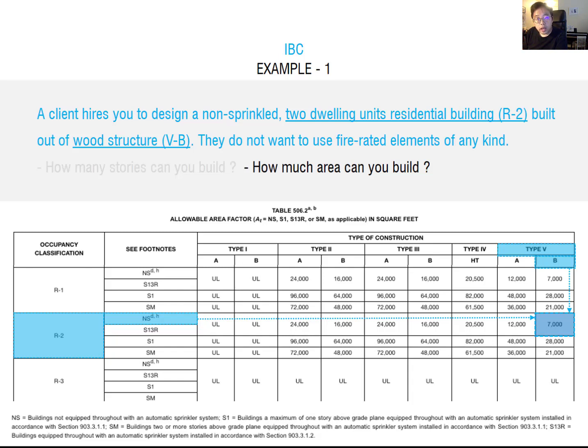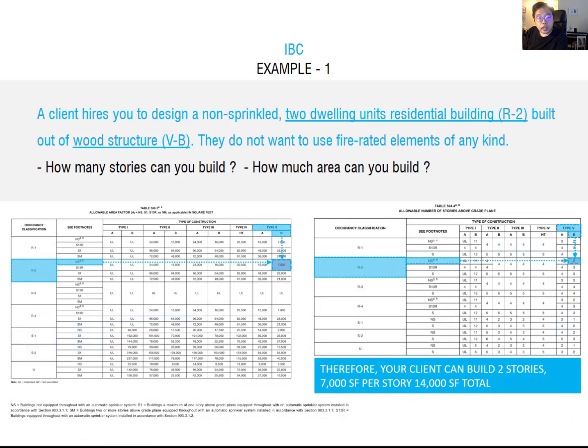It's not the total area. So from the previous table and this table, you know you can build up to 2 stories, and each floor can be maximum 7,000 square feet. So basically from this table, you understand you can build 2 stories and 7,000 per story. It means total area can be 14,000 square feet. Okay?